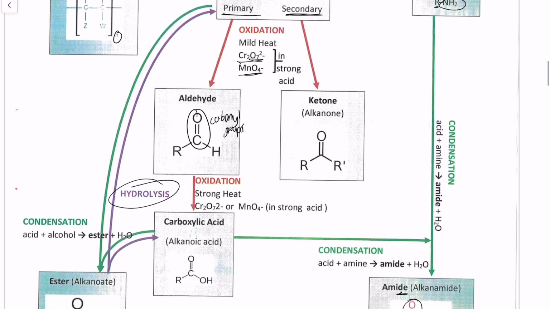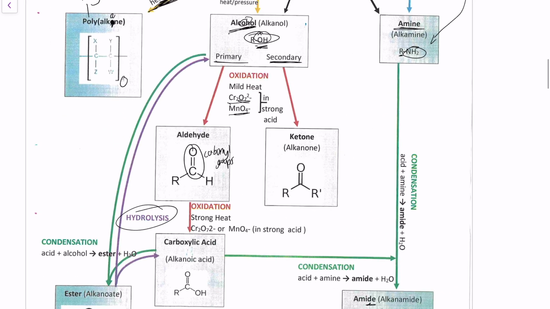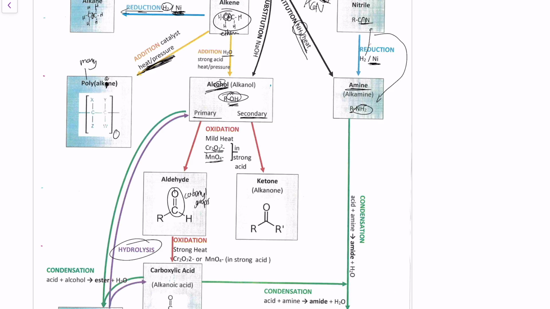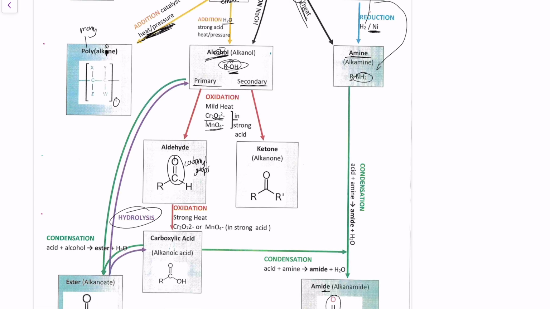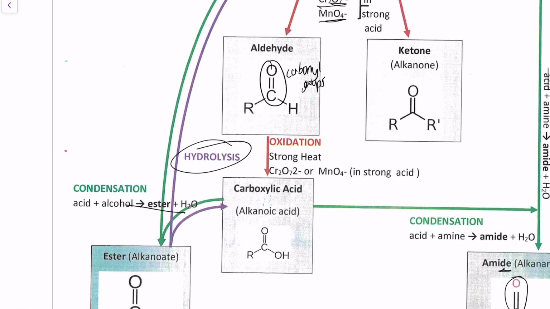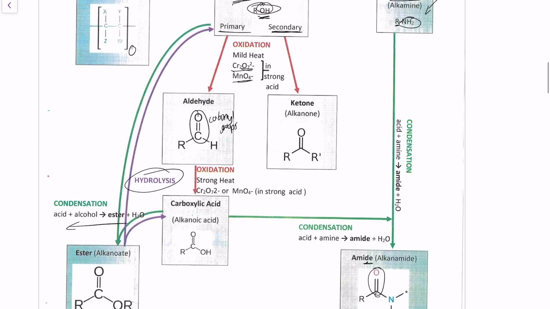I did mention I would talk about hydrolysis, but I forgot. Basically, hydrolysis is just going backwards from an ester to an alcohol and carboxylic acid, so just the reverse of a condensation reaction. In this case, we would add water. So this is the condensation reaction here, but backwards: ester plus H2O becomes acid plus alcohol.